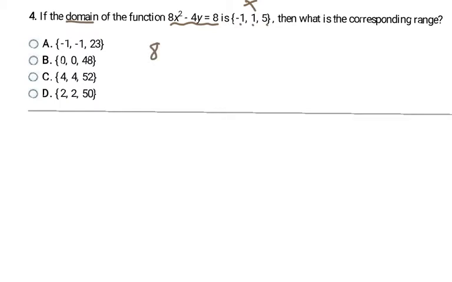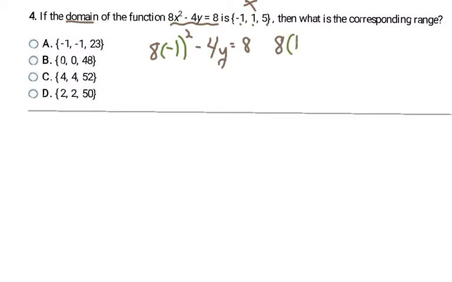So I have 8, and then I'm going to substitute in that first x coordinate, and I'm using parentheses when I substitute, and then I square the -1 minus 4y equals 8, and then I'm going to need to solve for y. And then I'm going to do the same thing for all three of those points.